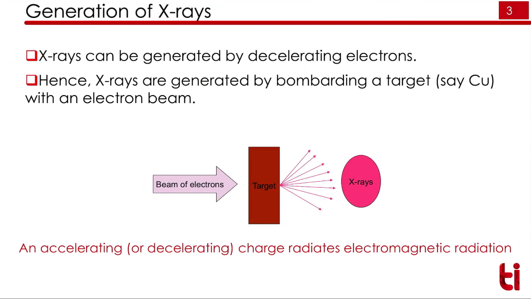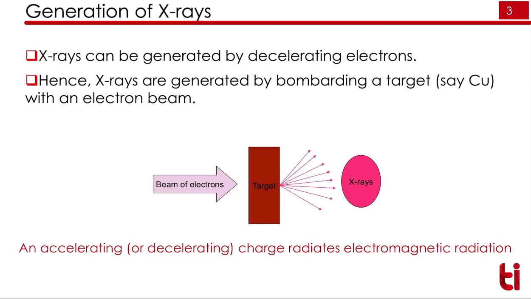X-rays can be generated by decelerating electrons. Decelerating electrons means you have electrons of very high energy. If you bombard those electrons on any target, they will decelerate, and in this process they will knock out inner shell electrons.